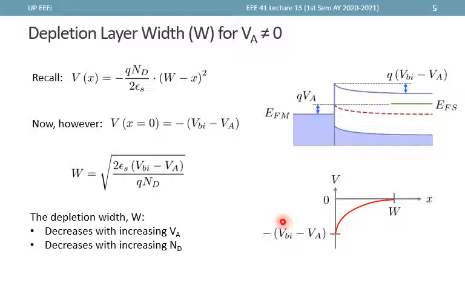However, this time that voltage will be lower by VA, so we add VA, and that actually increased from minus VBI to minus VBI minus VA.